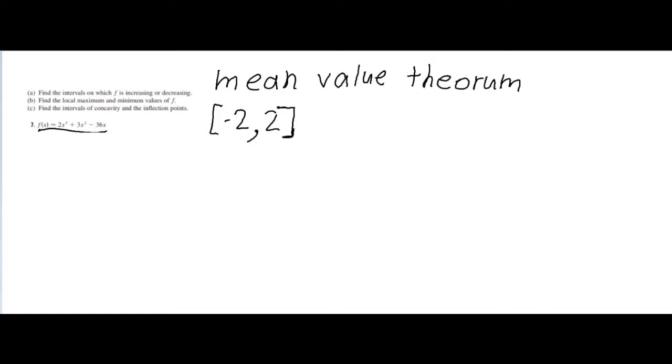So in order to find this in our equation, we're going to use the same equation that we've been using, and all I'm going to do is plug in, this is just slope basically. We're going to find slope first. So this is just basically plugging in this value. So we're going to plug in negative 2 to our original equation.